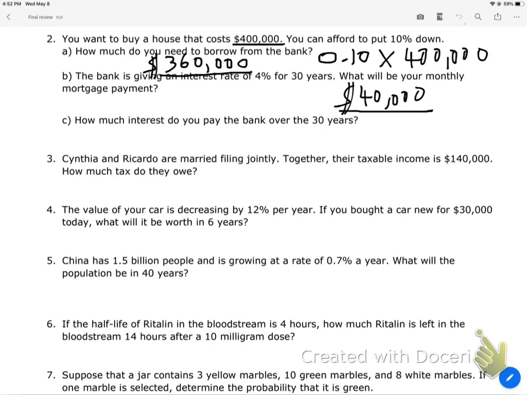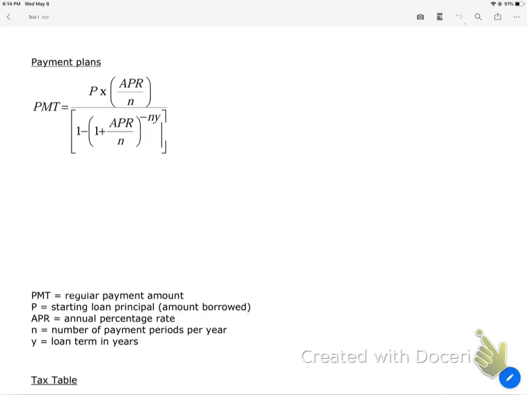Interest rate of 4% for 30 years. Right, so I have to use one of these big nasty formulas. Here it is. My payment is going to be how much I borrow, the amount I'm going to borrow, which was 360,000. That's the P. The interest rate was 4%.